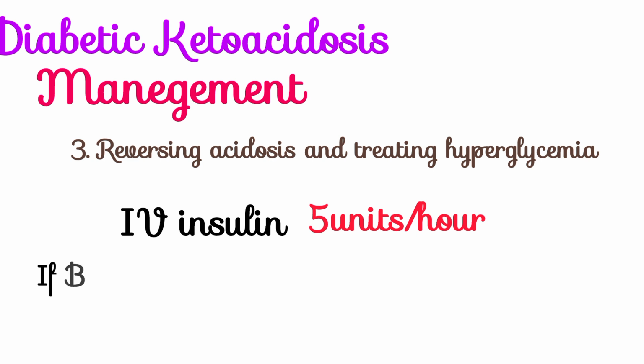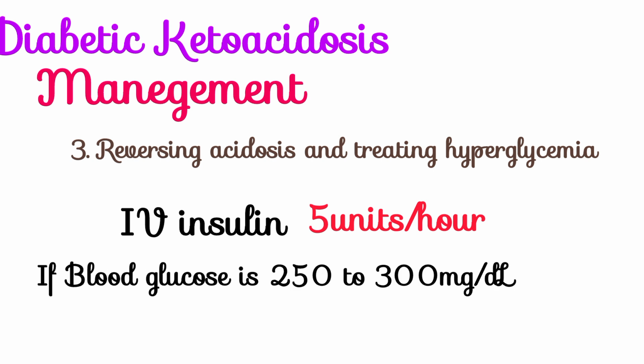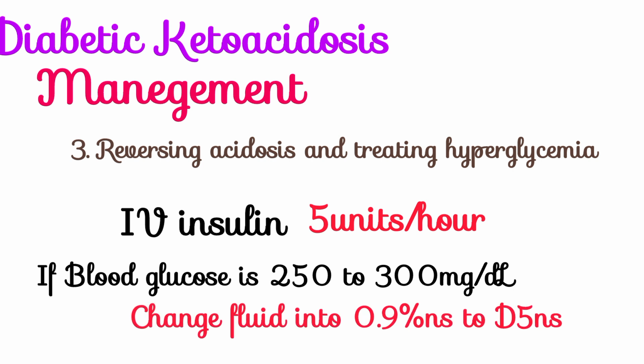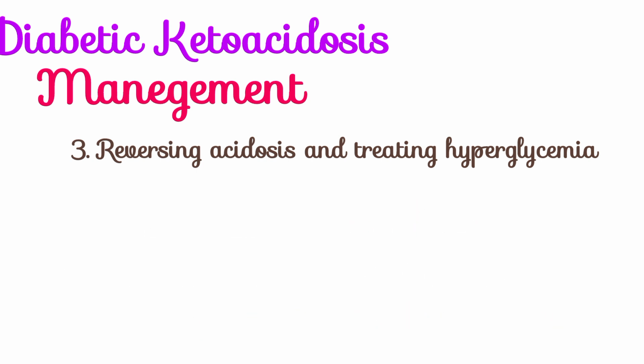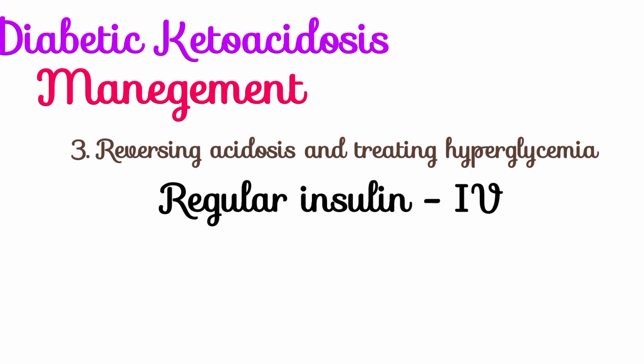When blood glucose level reaches 250 to 300 milligrams per deciliter, change the IV fluid from NS to D5NS or D5 0.45% NS. Regular insulin is the only type of insulin approved for IV use.